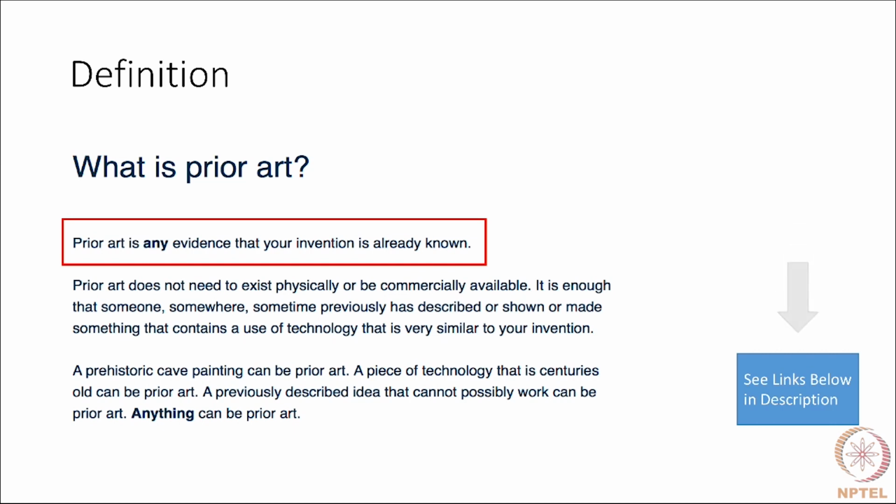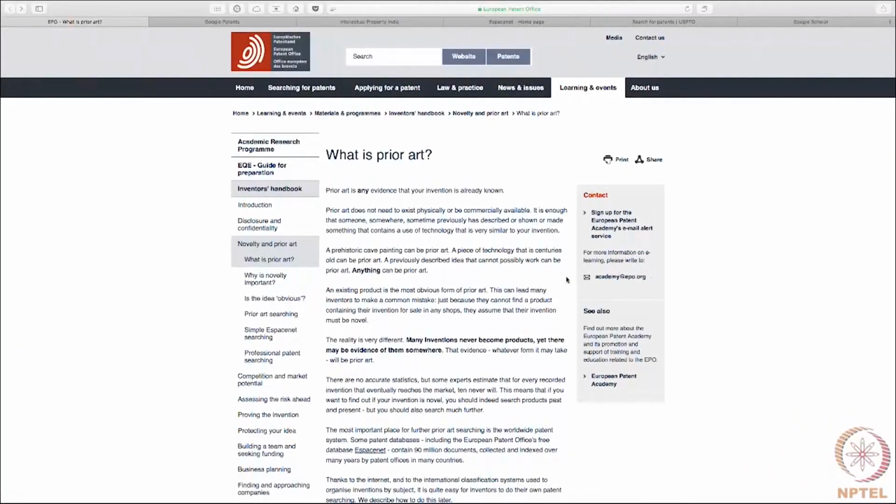An instruction manual can amount to a prior art. A thesis lying in a library, an unpublished thesis, can amount to a prior art. In fact, anything that has the value of an evidence can amount to a prior art. Now, this is the page. You can check the page in the links provided below. There's more detail provided there.